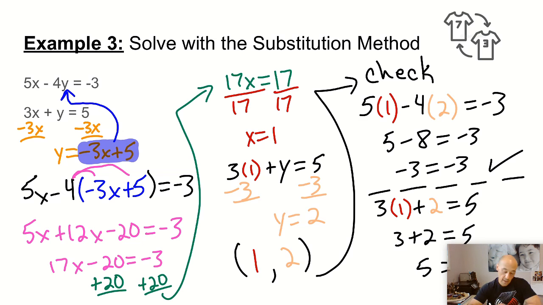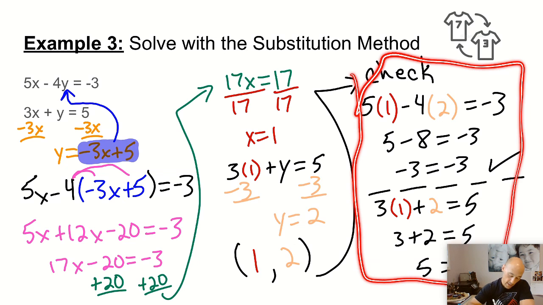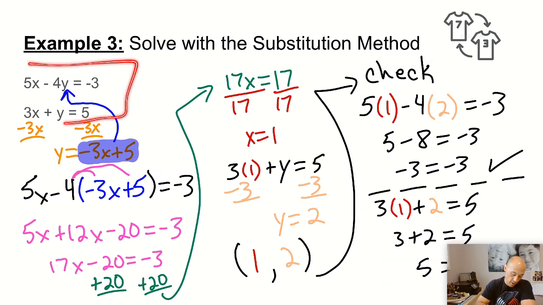So what this tells us, we've just checked the point, which we found to be our solution, in both of our original equations, and we found that it was a solution to both equations. So we know that those two equations are crossing at that point. Any questions on this one?